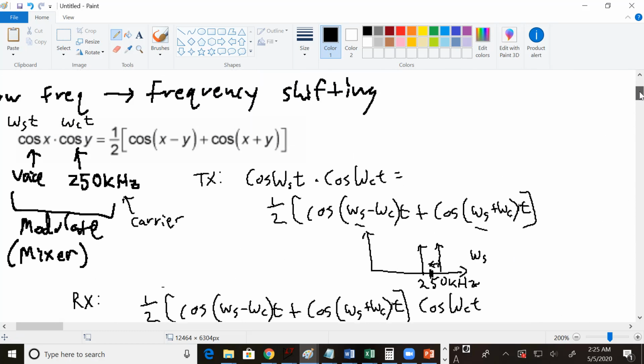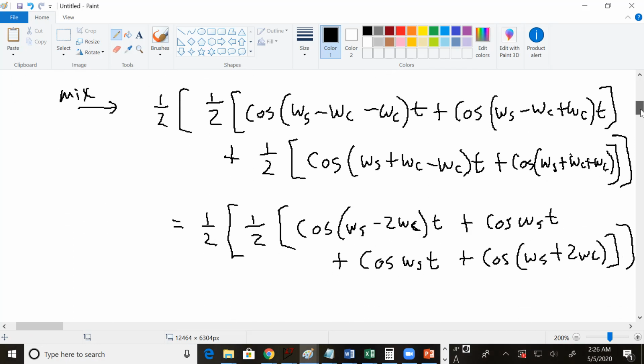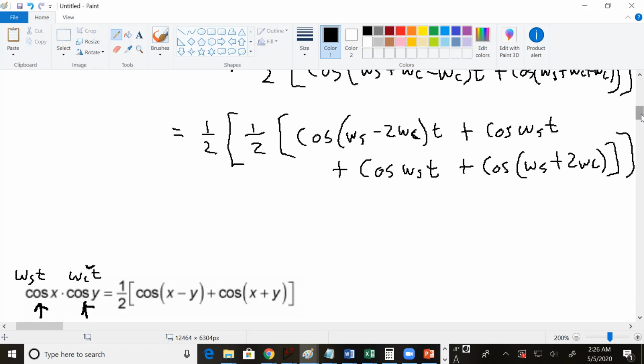If you look up here, we had our voice, the signal that we actually wanted to transmit, and we've actually got that back right here. So let's distribute this all out, and you get 1/4 times 2 cosine omega s t, the signal that you want.